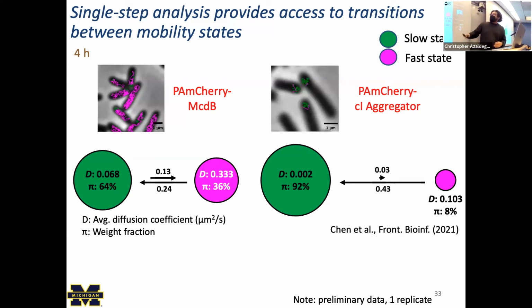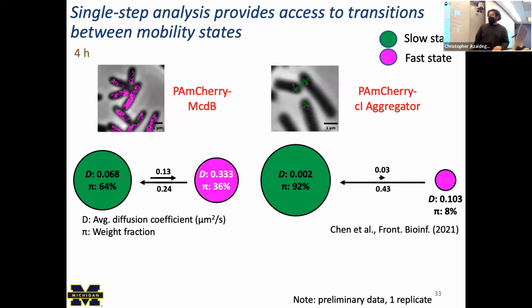And even more striking here, we have the transition rates going in and out of this slow state. And we see here that the small percentage of the fast moving molecules have a high probability of getting recruited to this aggregate, while this 3% transition rate out of this slow state suggests that this is an irreversible aggregate that cannot exchange with the contents in the cytoplasm.